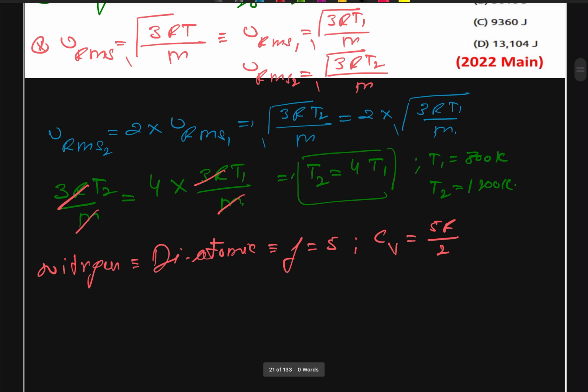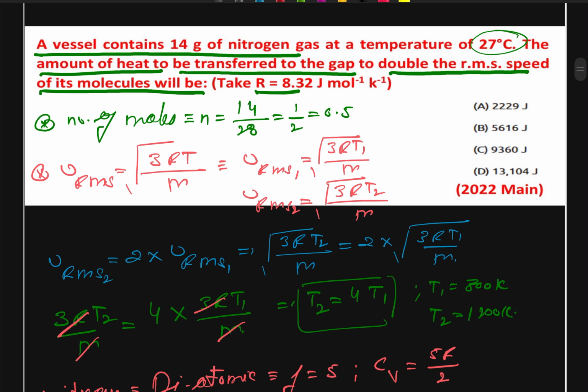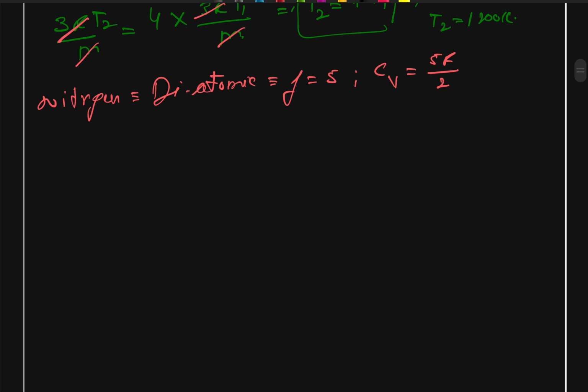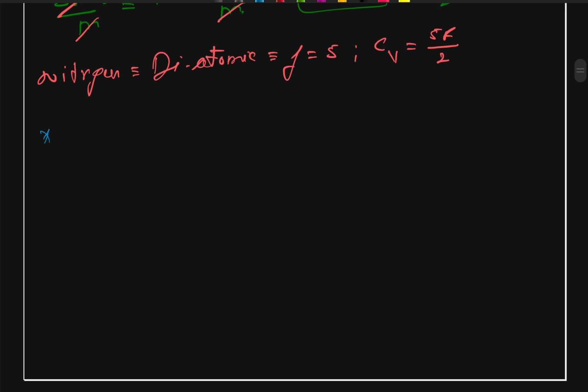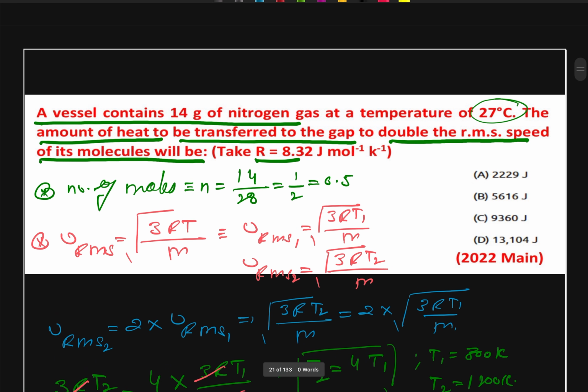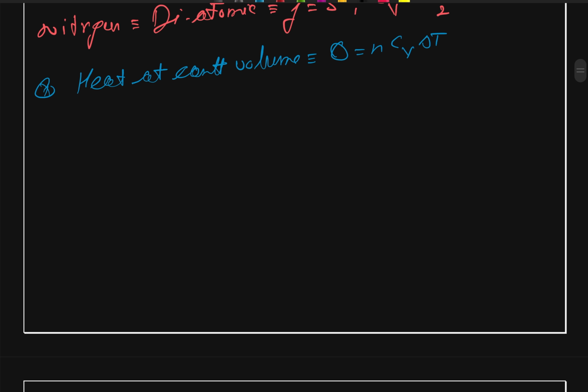And we need to find out the heat. So now we can find our Q. We can say the heat at constant volume, Q, is equal to n Cv multiplied by delta T. And n is 1 by 2, so we simply substitute them.